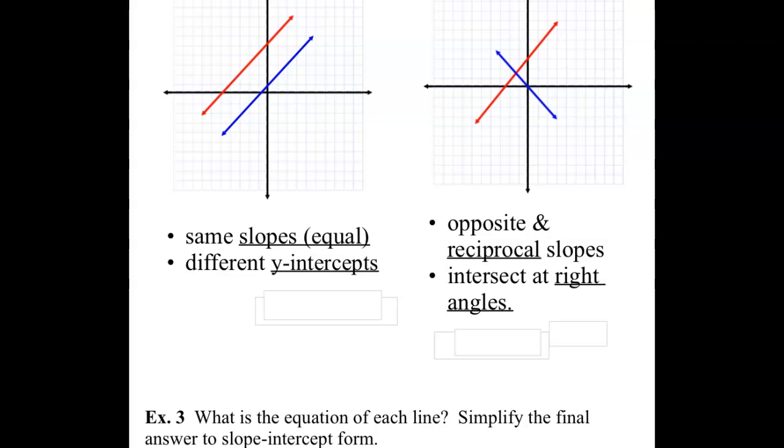Okay? What kind of slope would you use for the red one? Red one is positive, blue one is negative. Anytime you have perpendicular lines like that, your slopes are opposites. Okay, one's positive, one's negative. All right, so we have opposites and they are reciprocals. What do we mean by reciprocals? They flip.